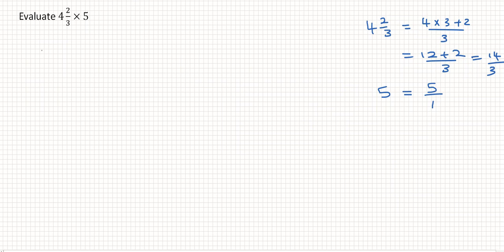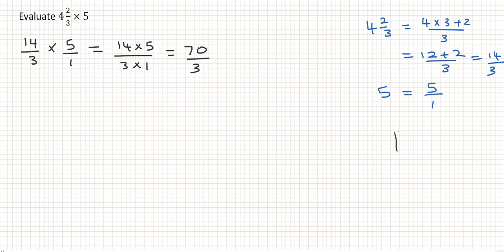The next step is to rewrite the question using the improper fractions. So we have 14/3 multiplied by 5/1. So now we can multiply across: 14 multiplied by 5 over 3 multiplied by 1. This is going to give us 70/3.